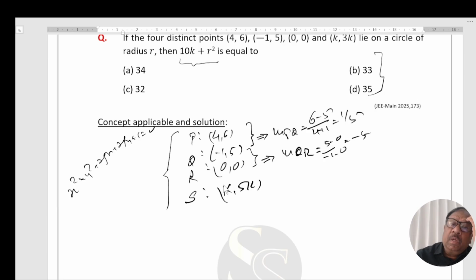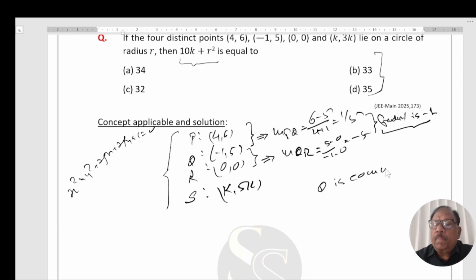Right? From these we conclude that product is minus 1. तो कौन सा पॉइंट कॉमन है? Q is common point.